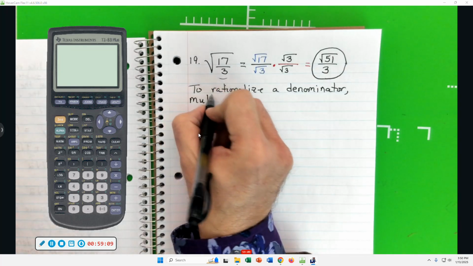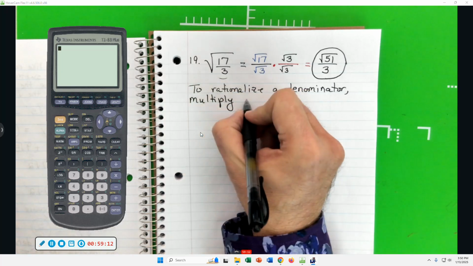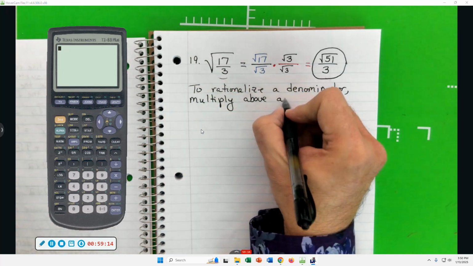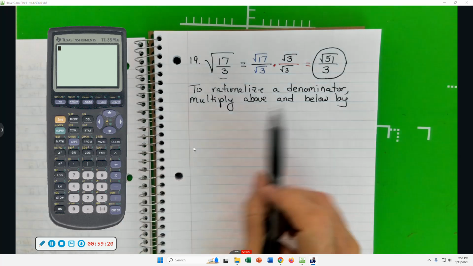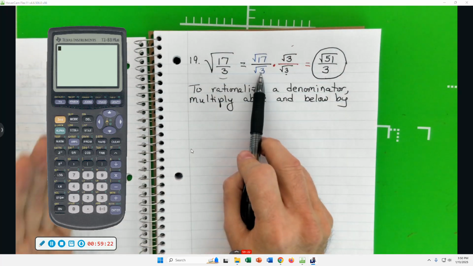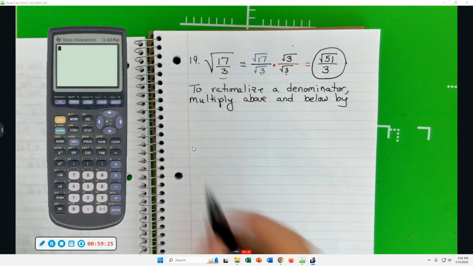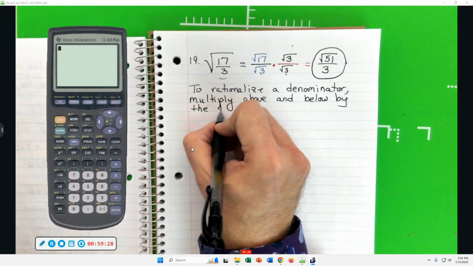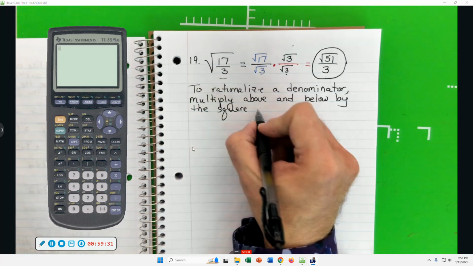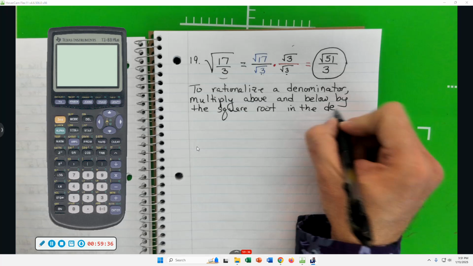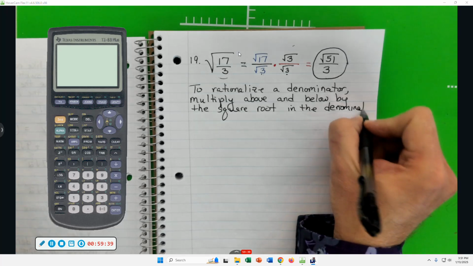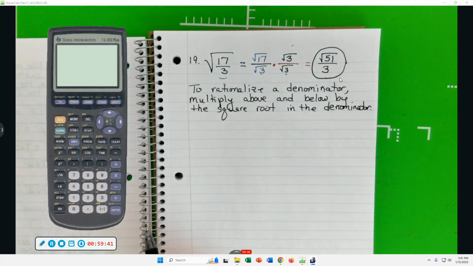Multiply above and below by the square root in the denominator. Remember, you have the numerator and the denominator. To remember what the denominator is, it's down, D, down below the fraction bar.